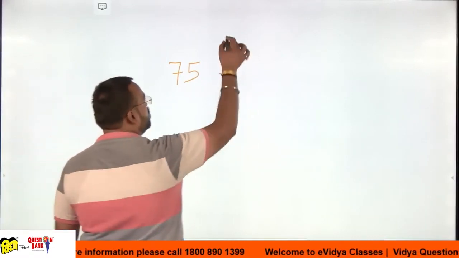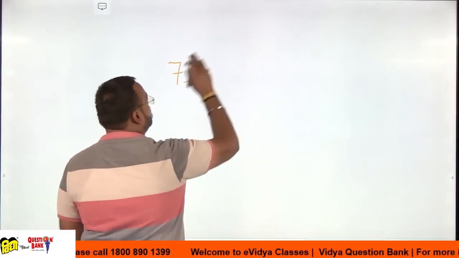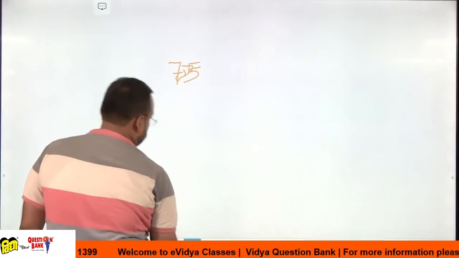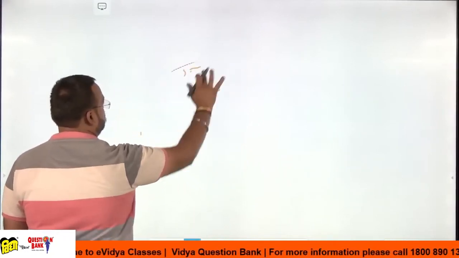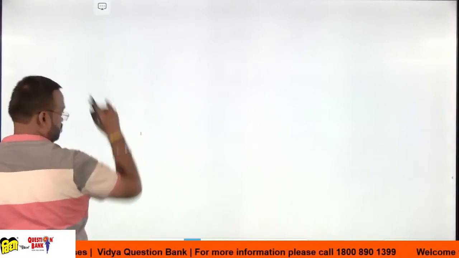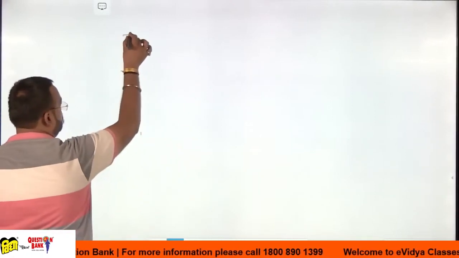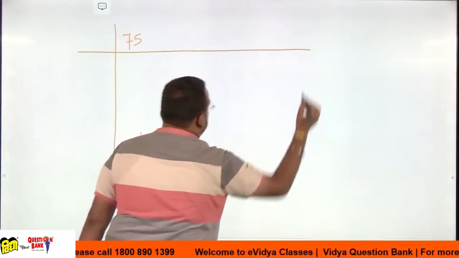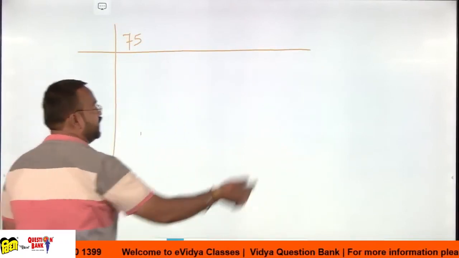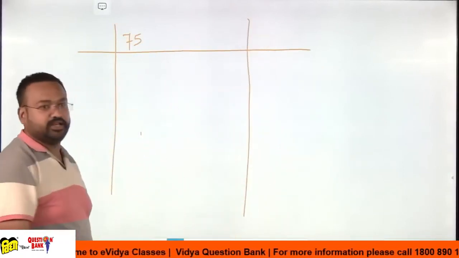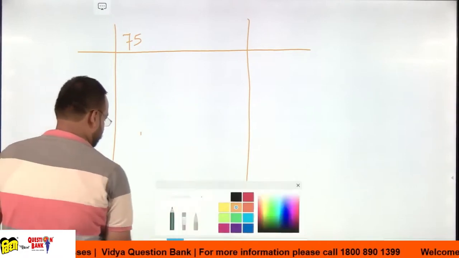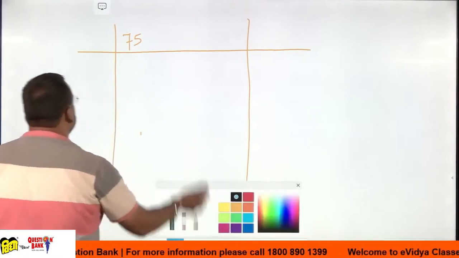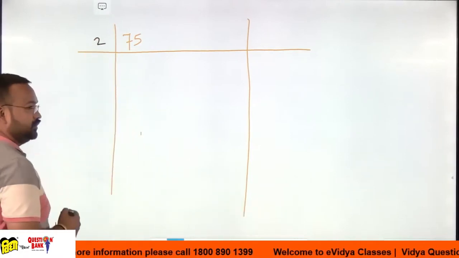So what we have to do is divide this number and find its equivalent binary number.